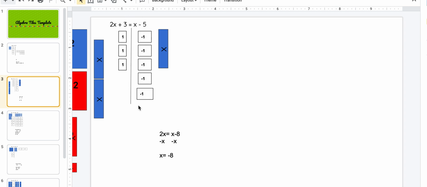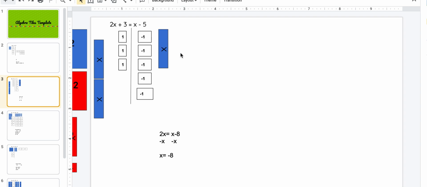So we would have minus 1, minus 1, minus 1, which is negative 8 altogether, and this would go away completely. Then we have 2x equals x minus 8.